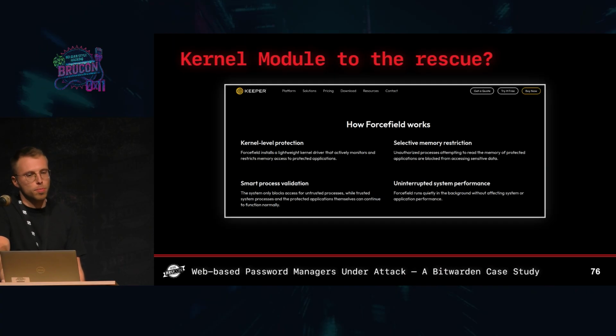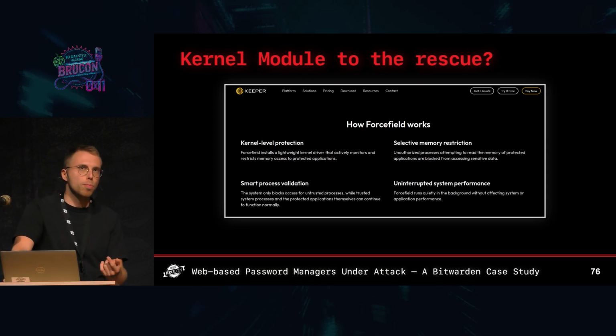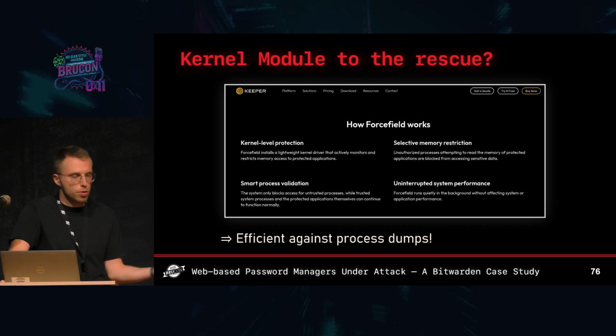Well, some password managers, like Keeper, tried a kernel module protection, which makes the Chrome process highly protected against, for example, process dumps and so on. So, in fact, it does work. It prevents an attacker from making a process dump and parsing the key in memory.